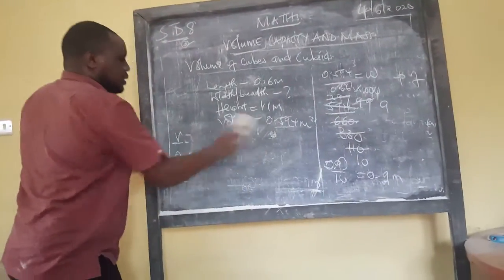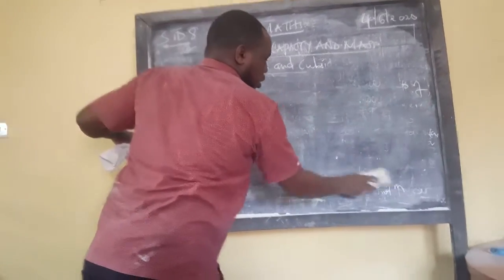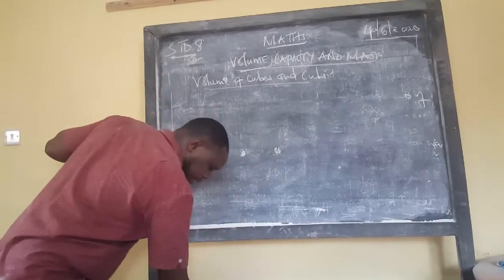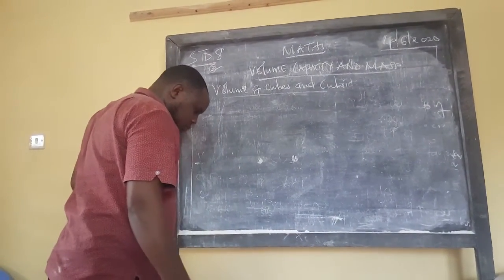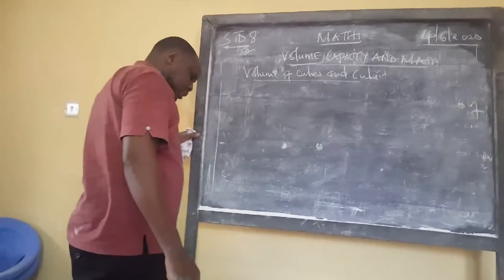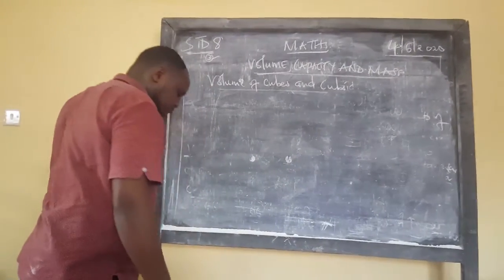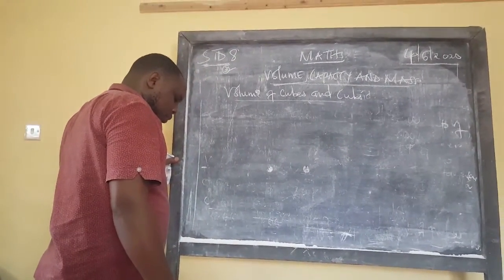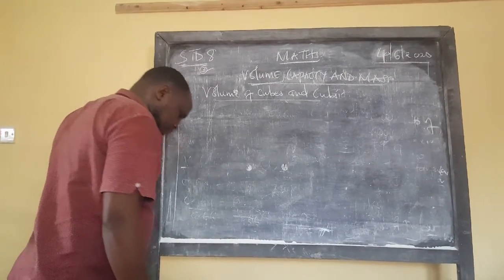Maybe you take a second example which is technical. That will be how many 60 cubic centimeters cubes can be packed into a rectangular box measuring 3 meters by 2 meters 40 centimeters by 1 meter 20 centimeters.